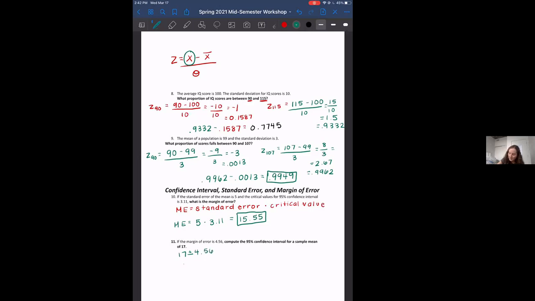Let's write that out: 17 plus 4.56 and 17 minus 4.56. So what is 17 plus 4.56? That would be 21.56. Yes, thank you. And then what about 17 minus 4.56?